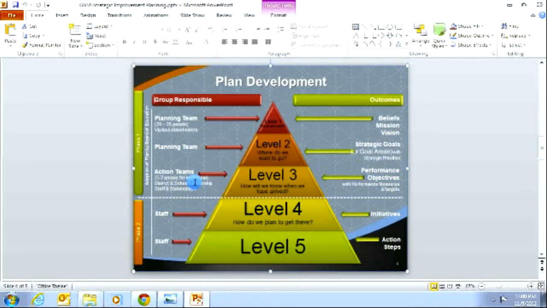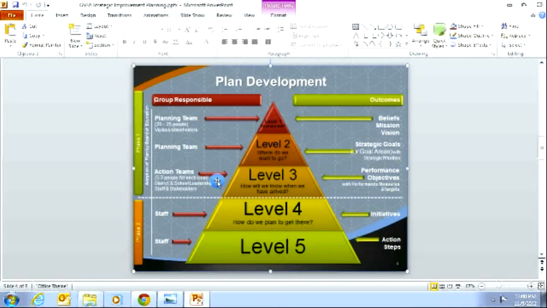And finally, the last part of phase 1 are the action teams. These are smaller groups of 5 to 7 people. Normally they are school staff. Usually it is a majority of central office staff, although there can be and should be some school representation. They will look at and answer the question, how will we know when we have arrived?